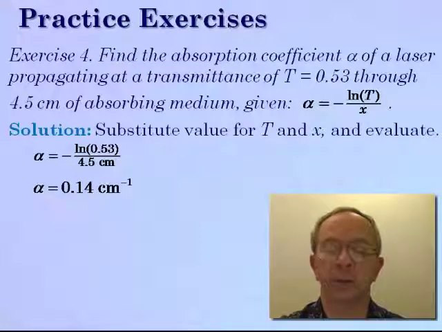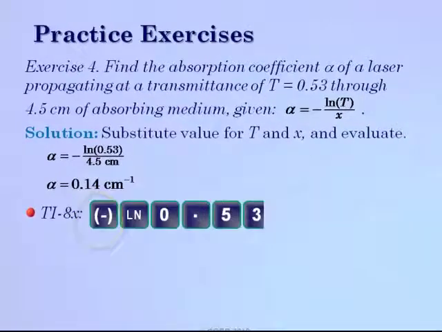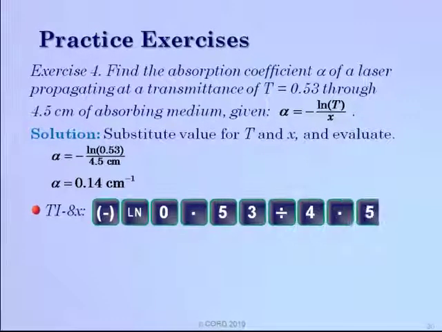Alpha is equal to negative natural log of 0.53 divided by 4.5, and the result is alpha is 0.14.